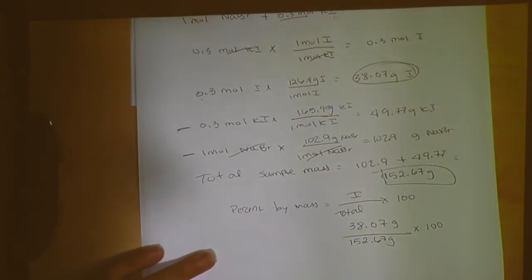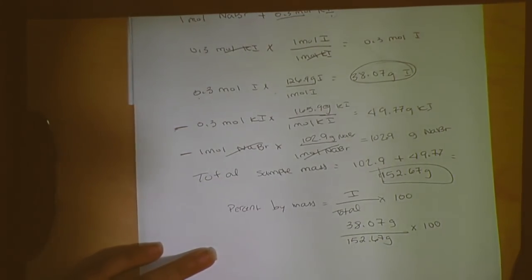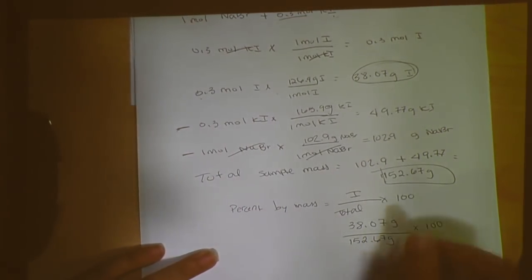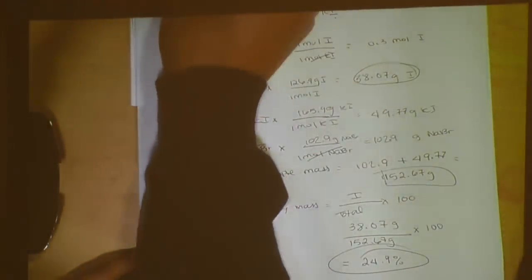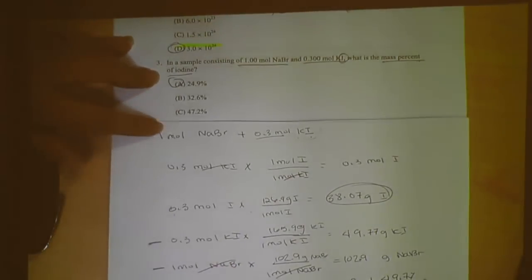So 38.07 divided by 152.67 gives you 0.249, and we multiply that by 100. So it's 24.9%. And that will be answer A, if you go up here.